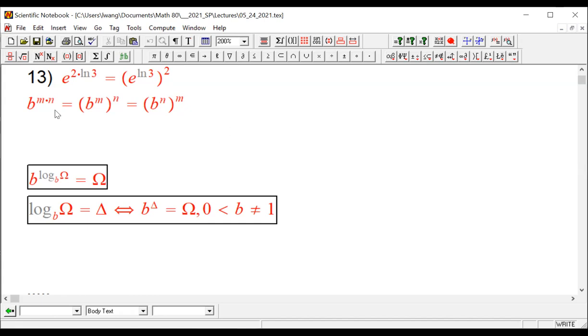The dot multiplication is optional, but that's what it is. Now inside the parentheses, we can use the property with base e, and that's going to give us 3. The inside of the parentheses gives us 3, and 3 squared is equal to 9. Got it?